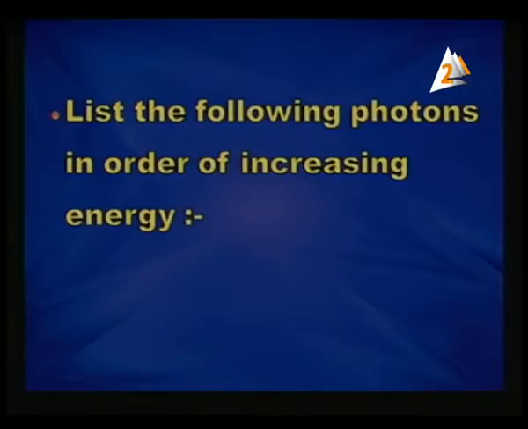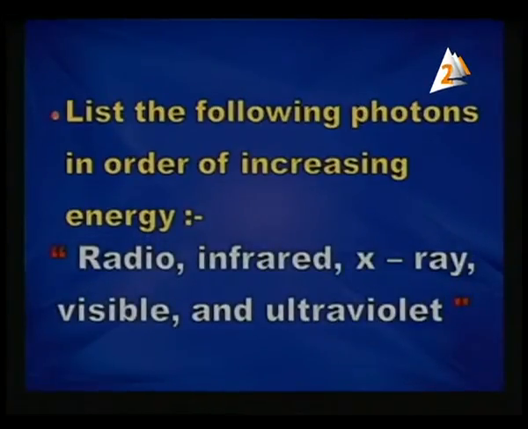Another question, we want you to list the following photons in order of increasing energy. We'll start with 1, having the least, then go on with increasing energy. Radio, infrared, X-ray, visible light, and ultraviolet. We want you to list them in increasing energy.